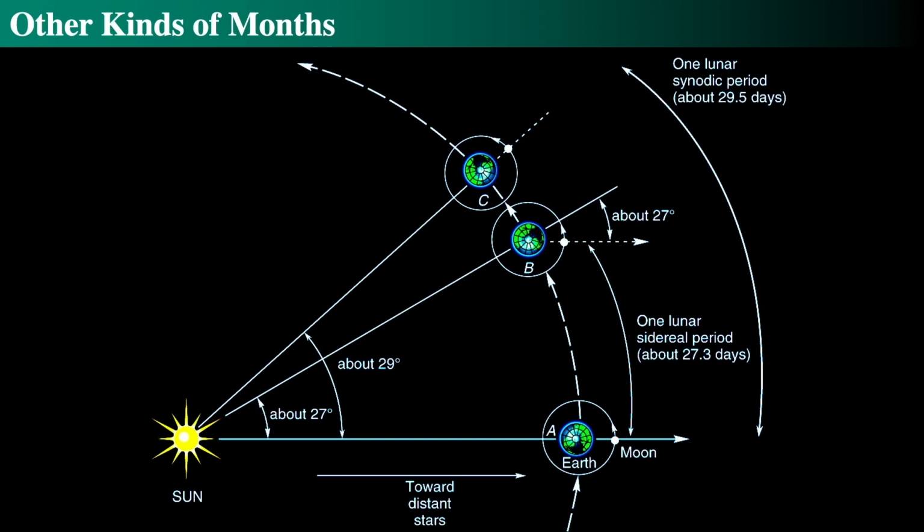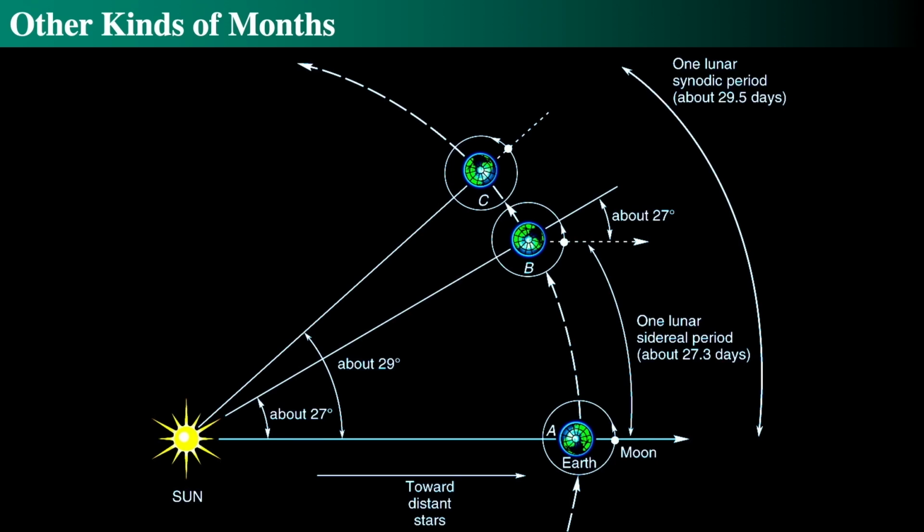The line of apsides in the moon's orbit precesses about just under 9 years, and so it takes the moon a little bit longer to reach the same point in the apsidal frame, say apogee to apogee, and it's a little bit longer than the sidereal month.